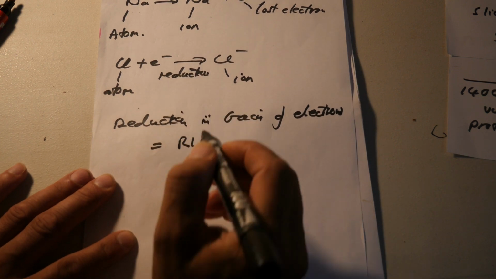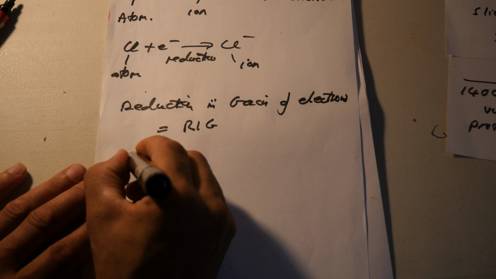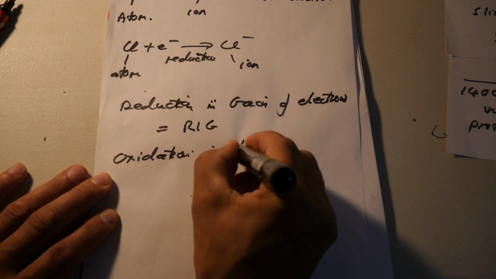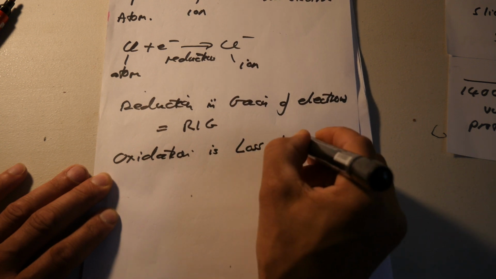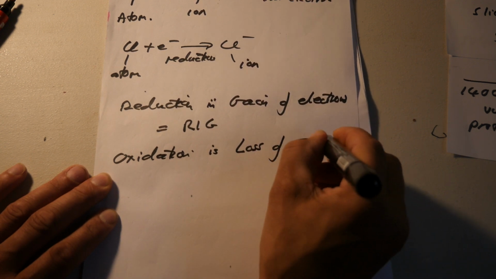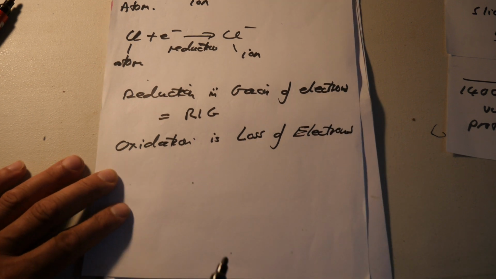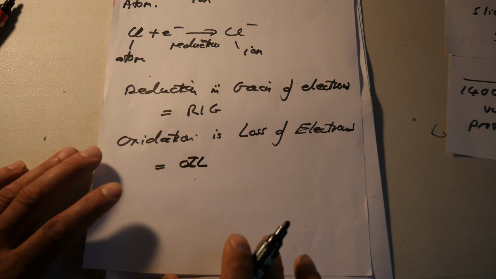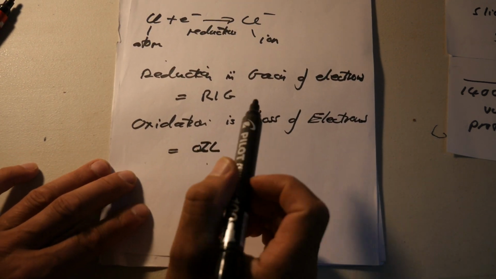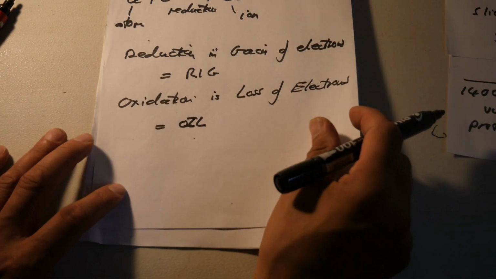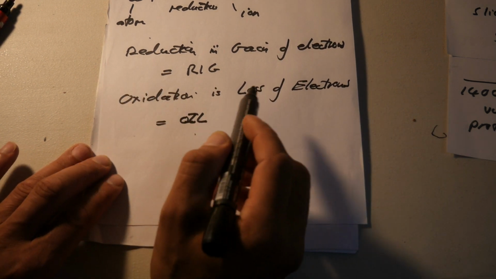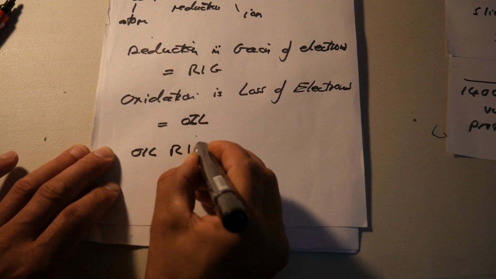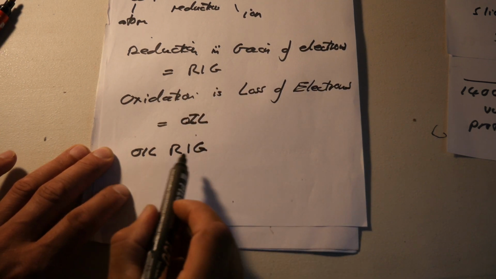Reduction is gain, okay? And oxidation is loss of, and that equals oil. I was taught this a long time ago, although not everybody seems to have heard of it, but you can write oxidation and reduction as oil rig. So oxidation is loss, reduction is gain.